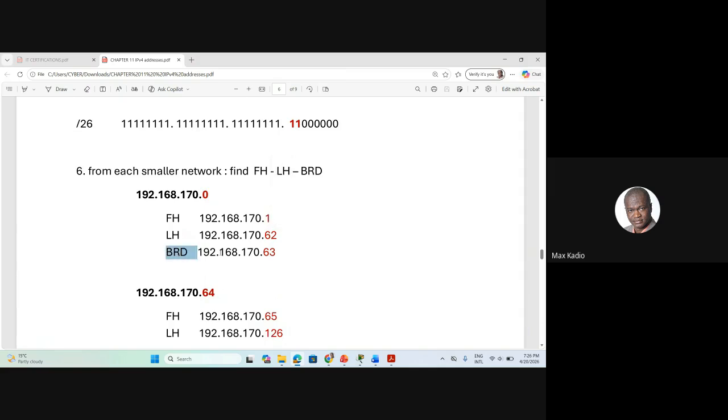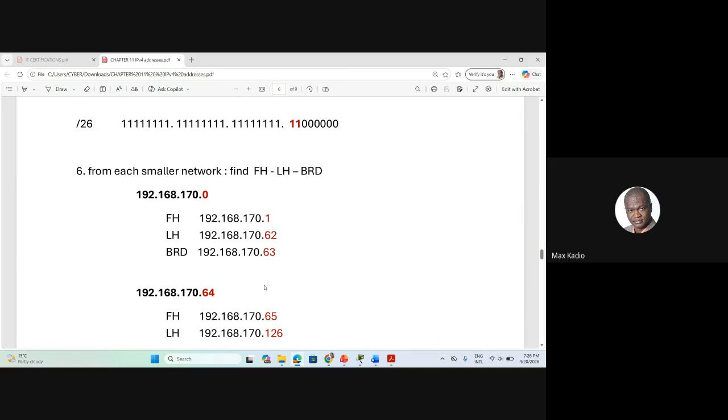To find the broadcast, you do the next network minus 1. Now to find the last valid host you can assign to a PC or a device, you do the broadcast minus 1.